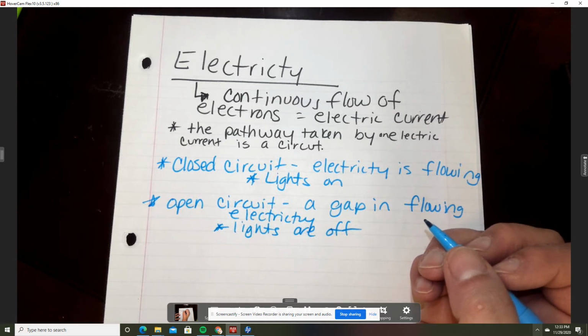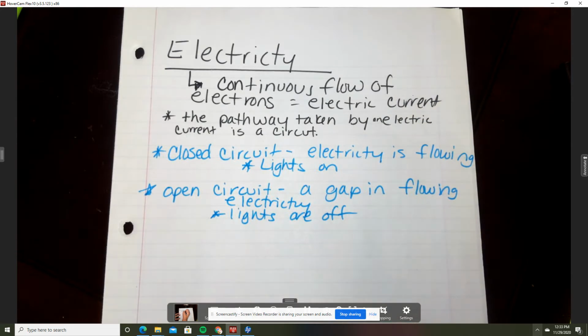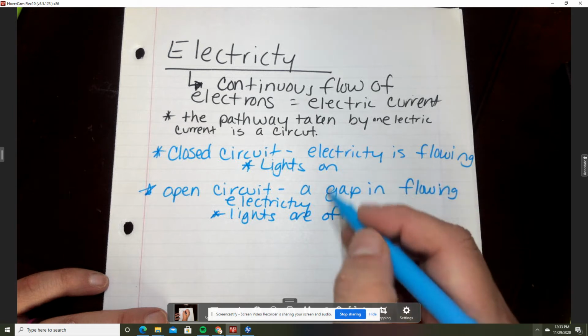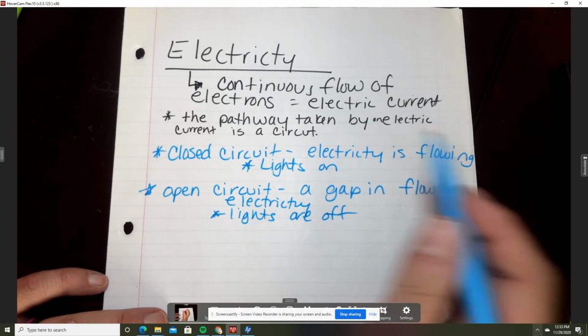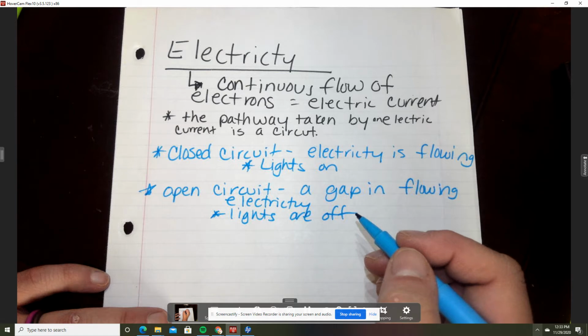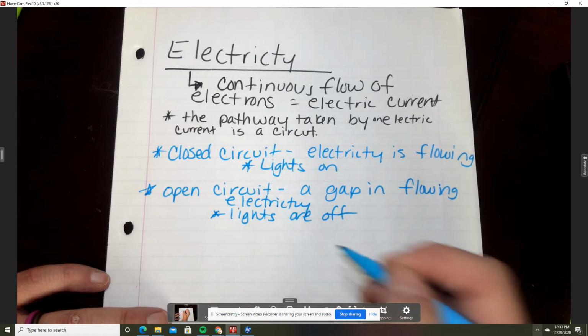So when I unplug a strand of Christmas lights, that is opening the circuit. That is preventing a flow of electricity, because electricity has to have a starting point and has to go in a flow. And if you create a gap, there's nowhere for that electricity to go.